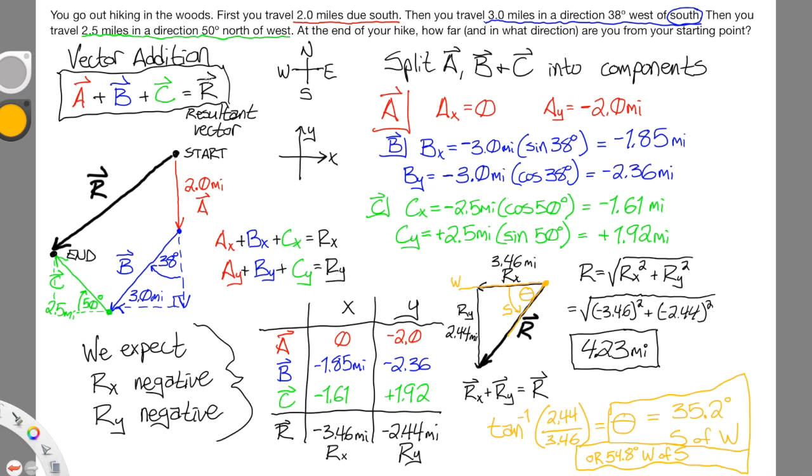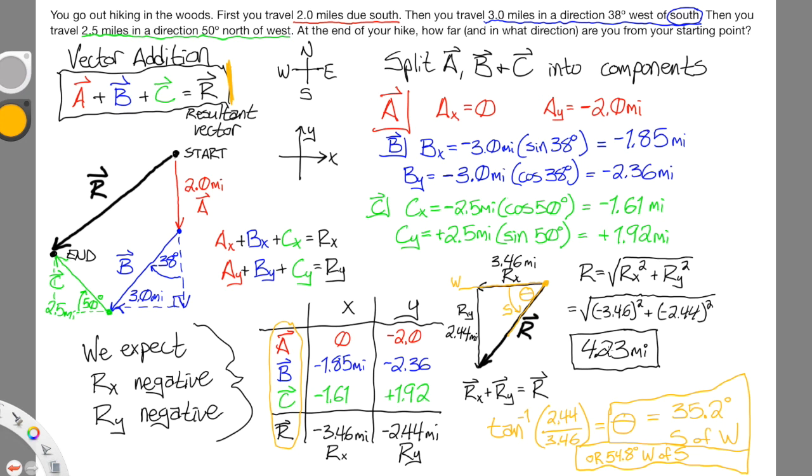Hopefully you can see this equation up here, right there: A plus B plus C equals R. Once we do that, we add up our x and y separately to find our x and y components of our resultant vector, or of the vector we're trying to find. Use Pythagorean theorem to find the magnitude, and then do a little bit of trigonometry to find the direction, making sure we include a reference.